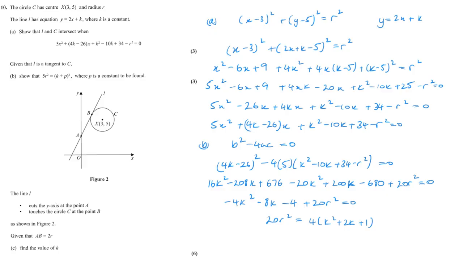And dividing by that 4 gives me 5r squared equals k squared plus 2k plus 1. So I've almost shown that, as that is k plus 1 squared.